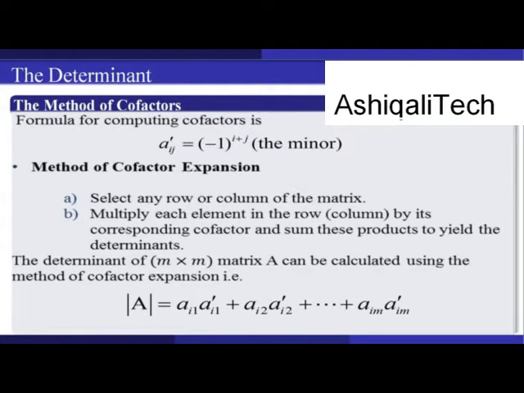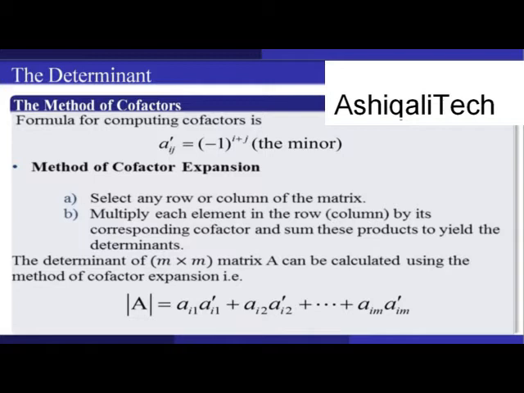The method of cofactors. The formula for computing cofactors is Aij prime is equal to (-1) power i plus j times the minor. Method of cofactor expansion. Select any row or column of the matrix, multiply each element in the row or column by its corresponding cofactor and sum these products to yield the determinant.